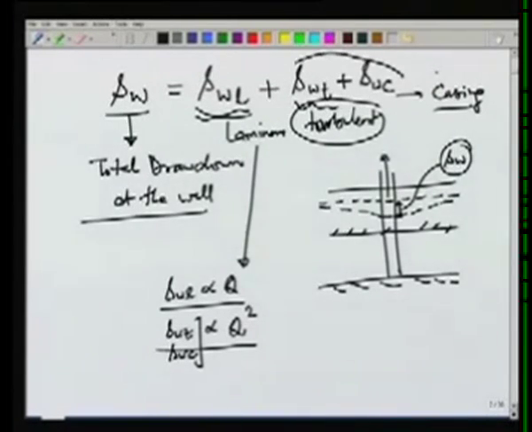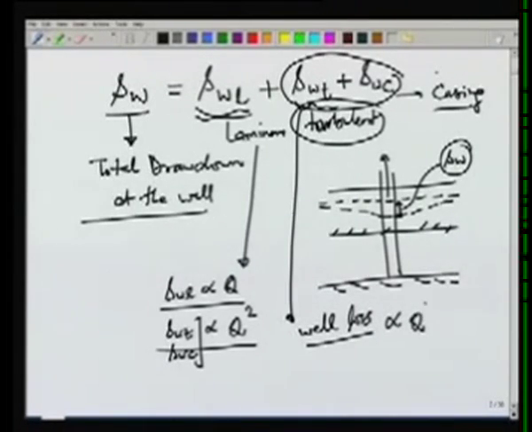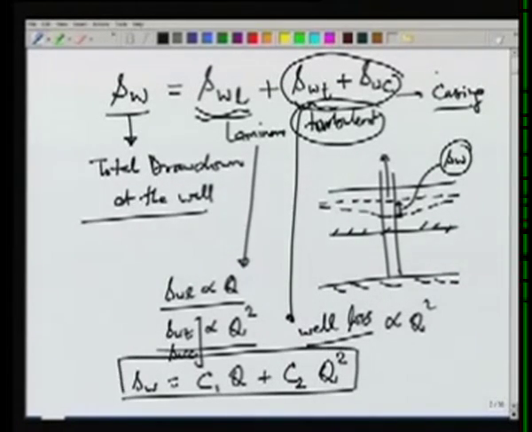These are known as the well losses. And since both of them are proportional to Q square, we can write that the well loss is proportional to Q square. Or we can write SW equals some constant C1 into Q plus another constant C2 into Q square, where this C2 Q square represents the well loss, and we want the well loss to be as small as possible so that the well is considered more productive.